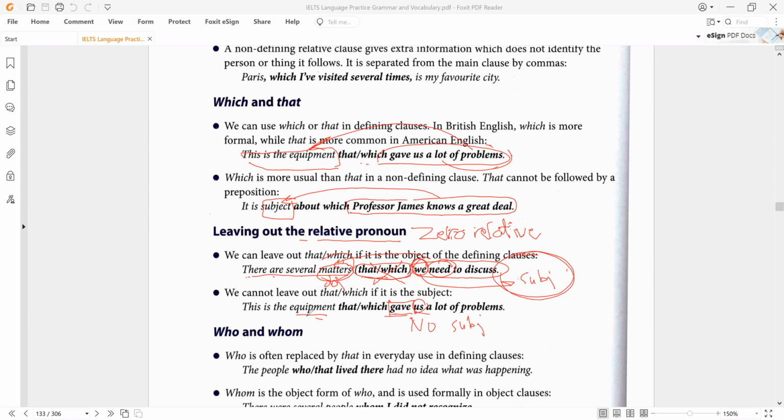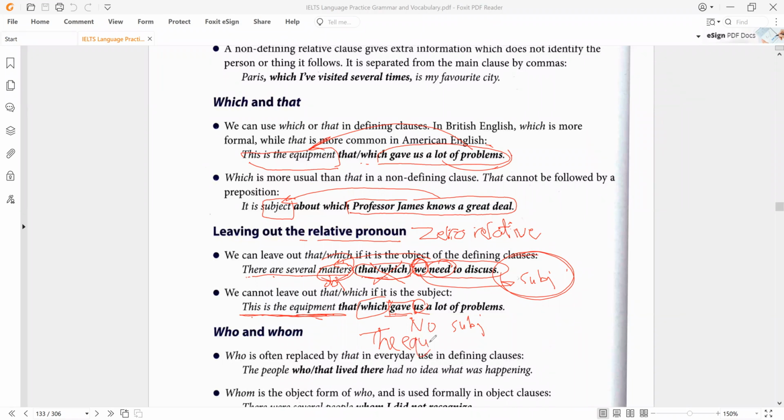This is the equipment which gave us a lot of problems. لماذا؟ لأن أصل الجملة this is the equipment. انتبهوا على هذا الكلام كويس جدا. This is the equipment. الجملة الثانية the equipment هكذا أصلها كانت قبل الربط.